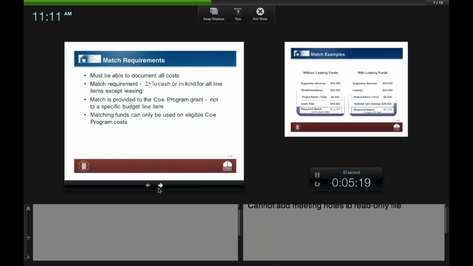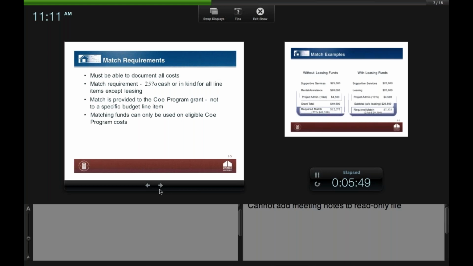Match requirements. The COC program requires that 25% of your grant from HUD must be matched. In our legacy programs, Shelter Plus Care and the Supportive Housing Program, required a different percentage of match. For SPC, it was 100%, or dollar for dollar.